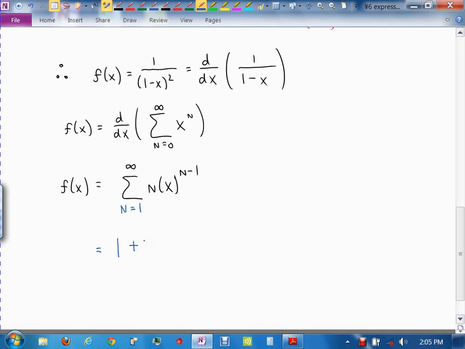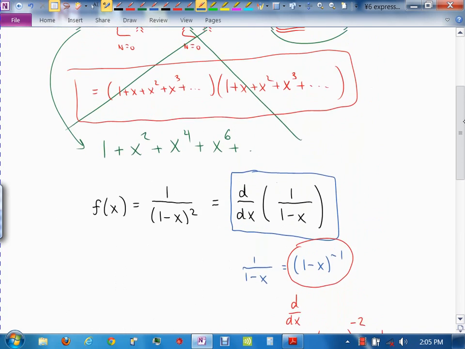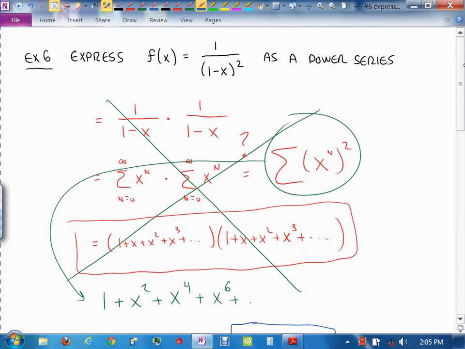Now let n be 2. 2x, right? Plus 3x squared plus 4x cubed forever, right? That's the power series for the function up here. That's this expressed as a power series.